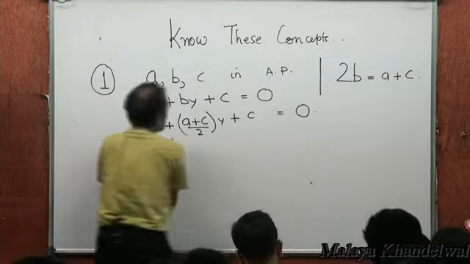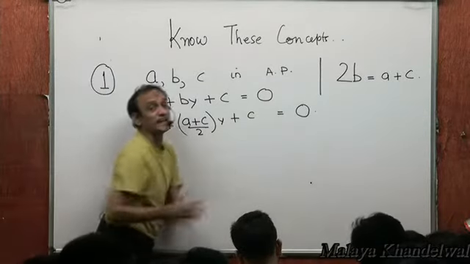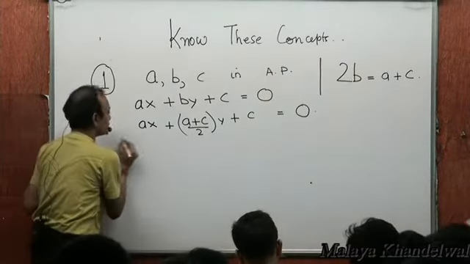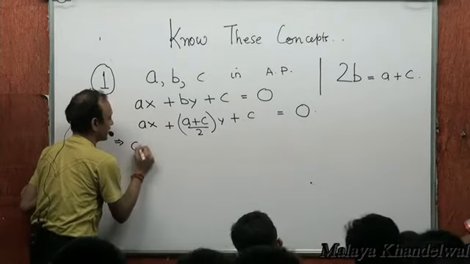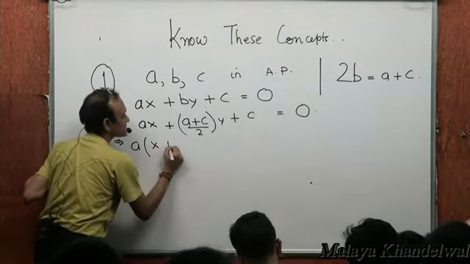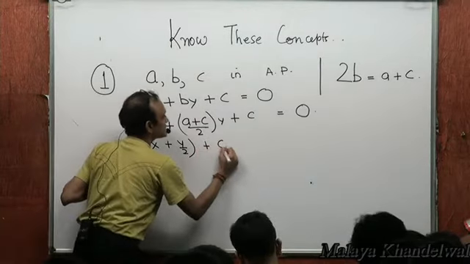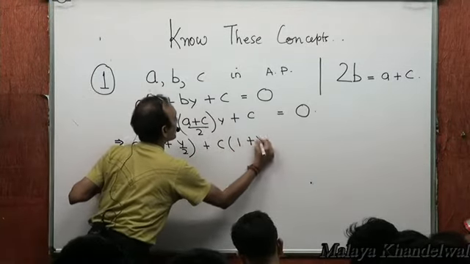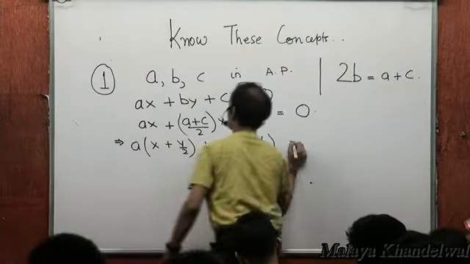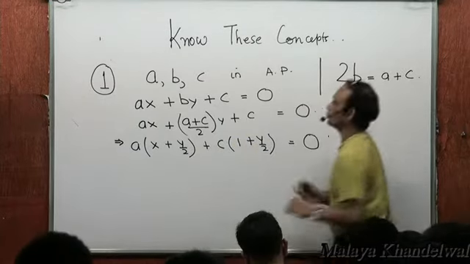I now collect terms that contain A and terms that contain C. So when I do that, I end up getting A into (x plus y by 2) plus C into (1 plus y by 2) equal to 0. Yes or no?